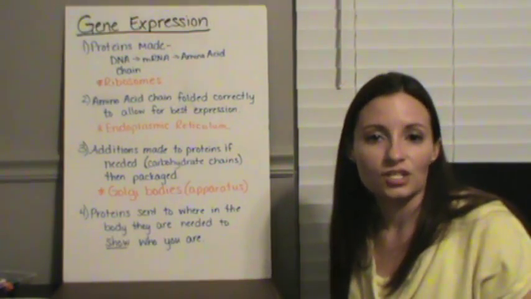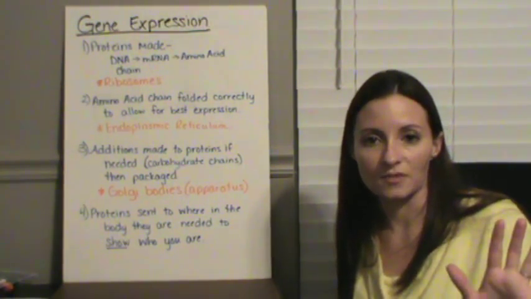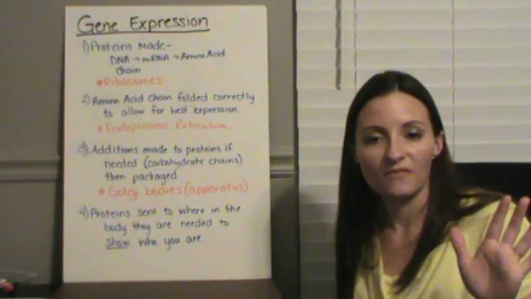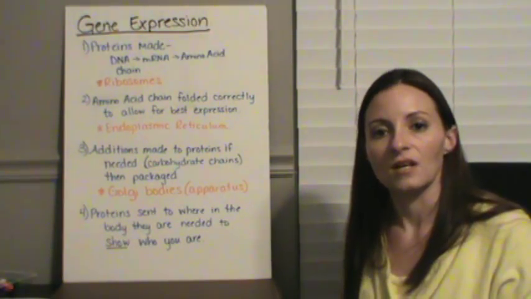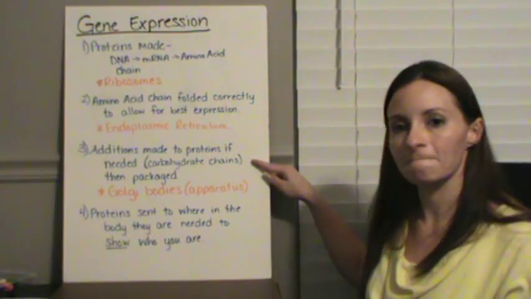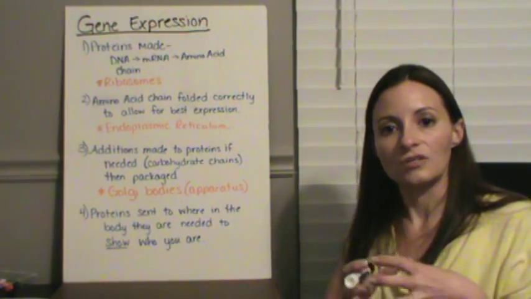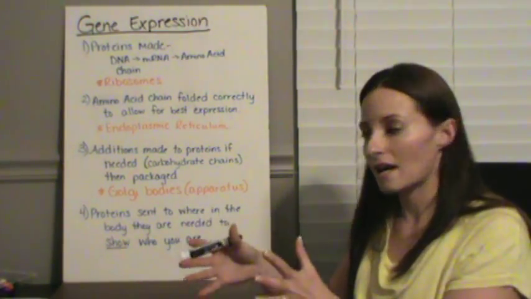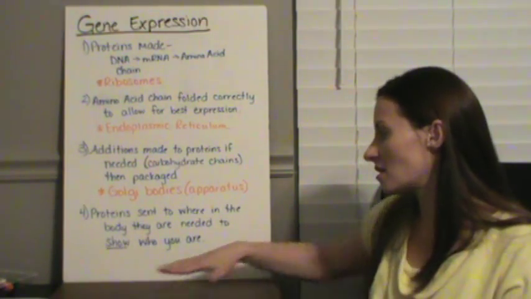Maybe a carbohydrate chain needs to be added to the outside of that protein, and it's going to become a receptor protein for the outside of the cell membrane. Any additional pieces to that protein are going to be added here, and then they get packaged into a vesicle so that they can get sent wherever in the body they're needed.